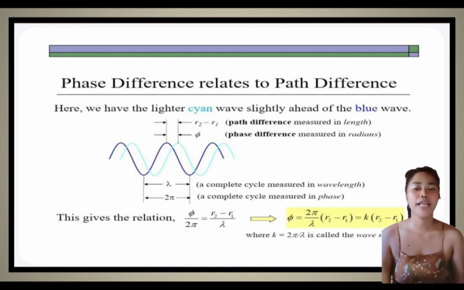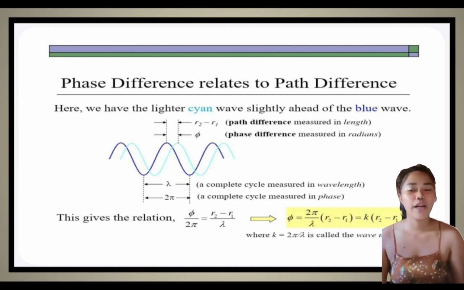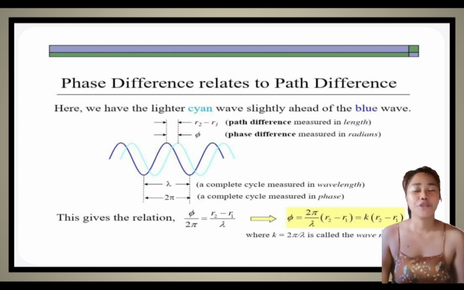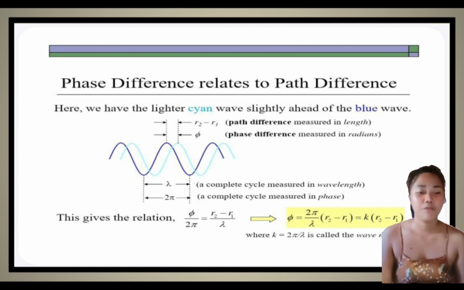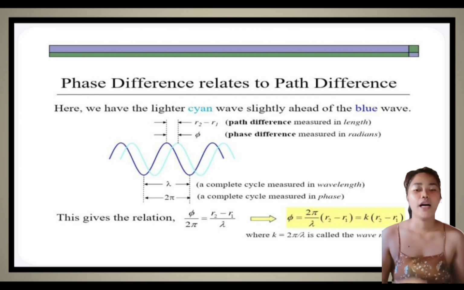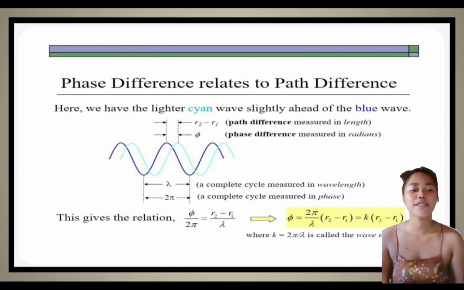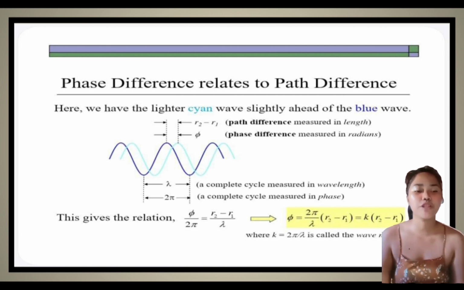Here we have the lighter cyan wave slightly ahead of the blue wave. R2 minus R1 is called the path difference, measured in length. Phi stands for the phase difference, measured in radians. The wavelength is a complete cycle measured in length, and 2 pi is a complete cycle measured in phase.